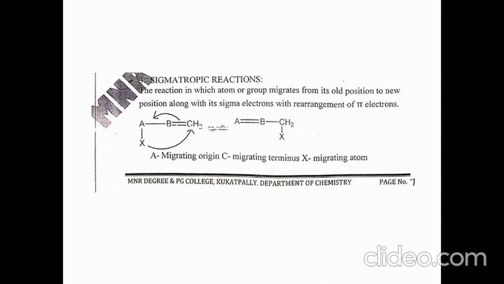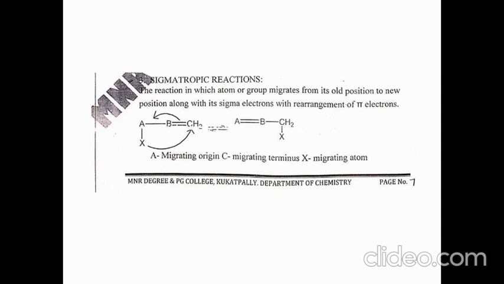So if we consider the scheme of a sigmatropic reaction, one allyl type of system is there where A and B are two atoms which are connected by a sigma bond. A is also connected with X, and B is connected with a CH2 methylene group by a double bond.